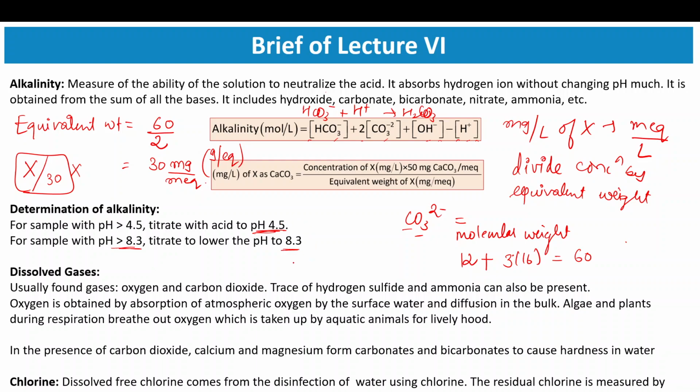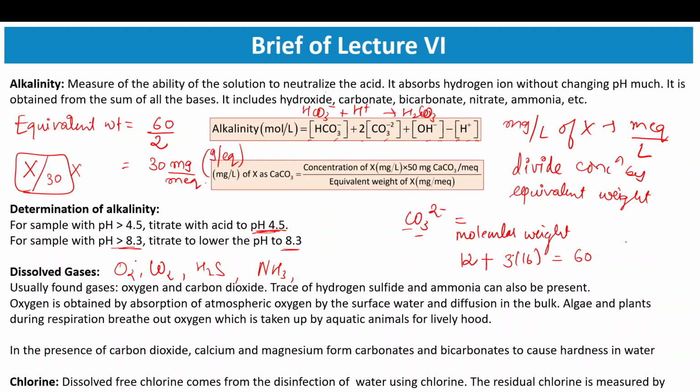Now let's move forward to the next type of parameter, which is dissolved gases. Dissolved gases can include oxygen, carbon dioxide, hydrogen sulfide, ammonia, etc. So where do these gases in water come from?